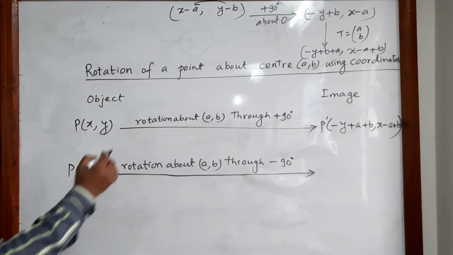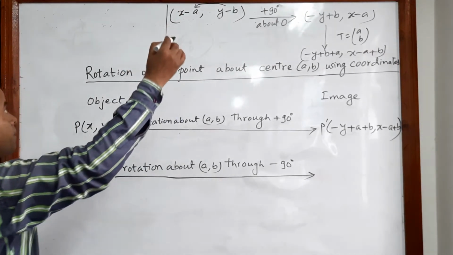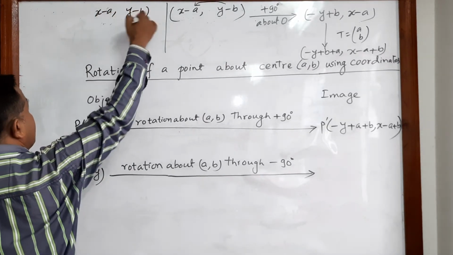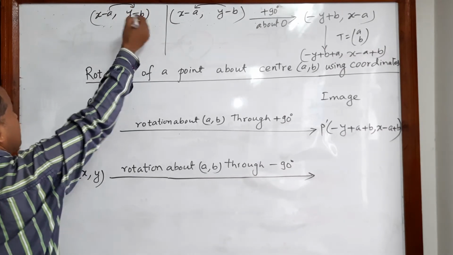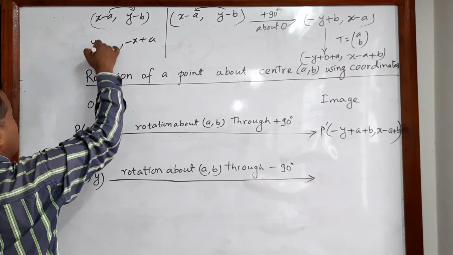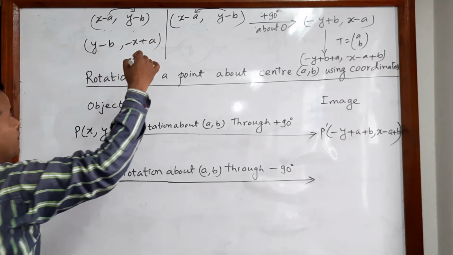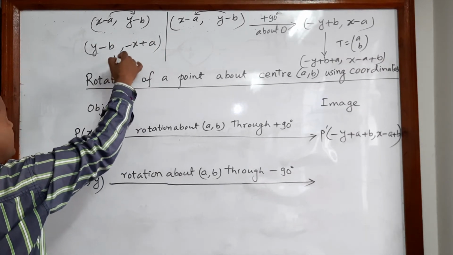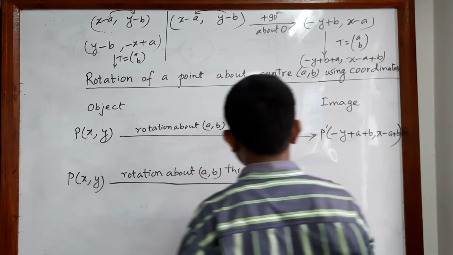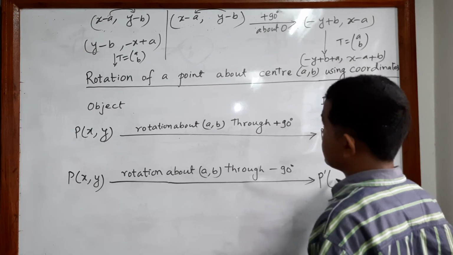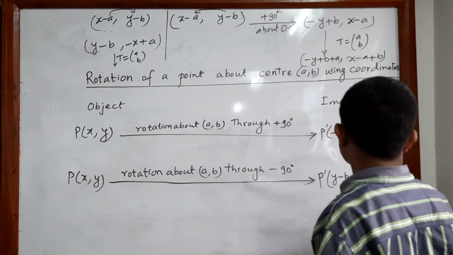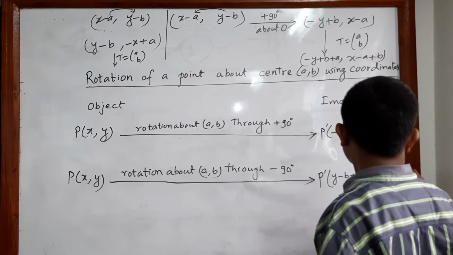For this also, in the same way, we write x minus a, y minus b, and we rotate in clockwise direction: y minus b, minus x plus a, and we simply add AB to that, then it becomes P dash: y minus b plus a, minus x plus a plus b.